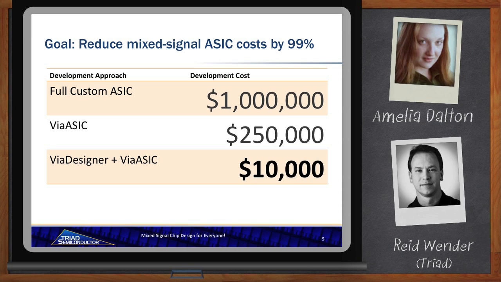We recognize that there's many companies in the industrial, medical, aerospace, defense markets where they would love to have the capabilities and the value of mixed signal ASIC integration, but they can't afford the high NREs. With the VIA ASIC approach and you doing most of the design work yourself, we can get that cost below $10,000.